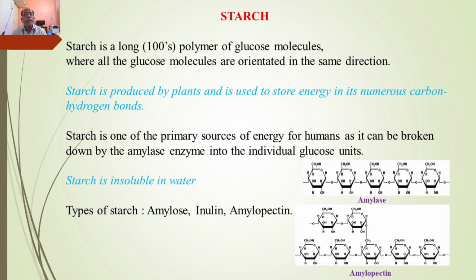Starch is produced by plants and is used to store energy in its numerous carbon and hydrogen bonds. Starch is a complex carbohydrate, or a polysaccharide, composed of hundreds of glucose molecules in its linear chain, oriented in the same direction.